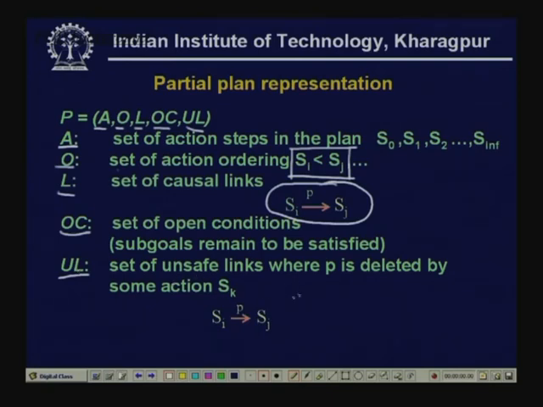So, if we have the causal link Si achieves P for Sj and there is a step Sk which deletes P, then Sk cannot come between Si and Sj. So, if in a partial plan Sk can come between Si and Sj, we have an unsafe link. So, what does a plan consist of? A plan is a 5 tuple.